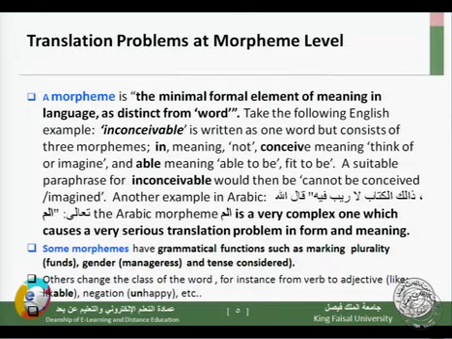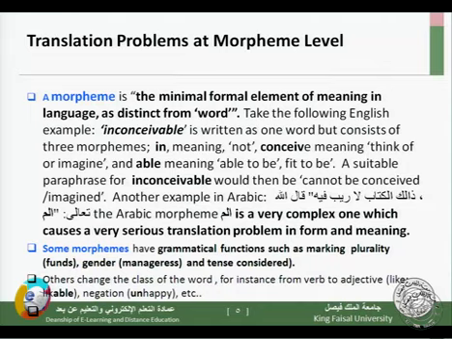This is one morpheme, and it has a meaning. The second morpheme is conceive. What does it mean? It means think of or imagine. And the third morpheme is able, meaning able to be, fit to be.